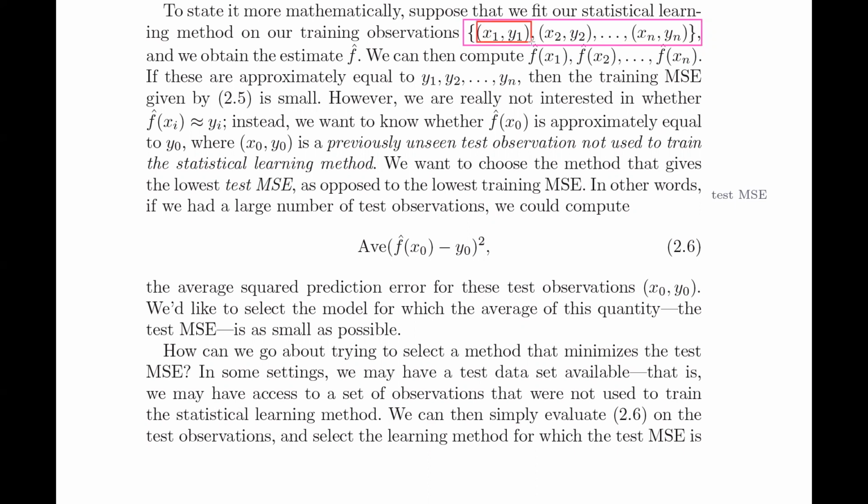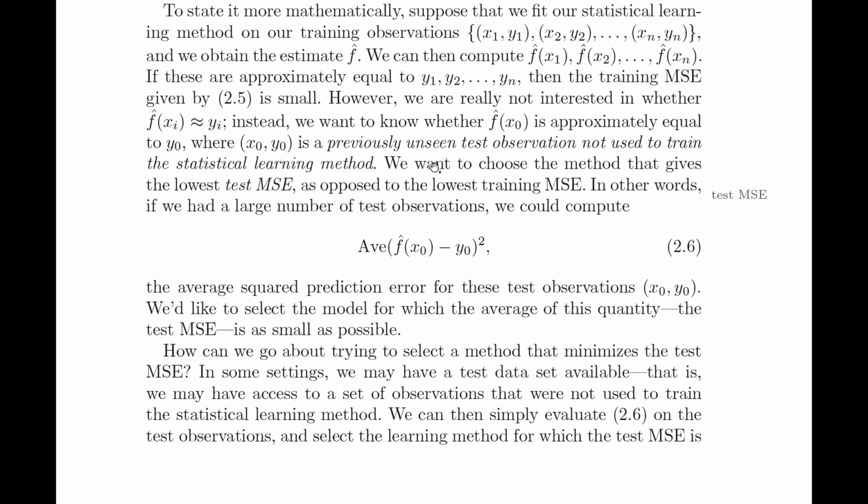And each pair over here represents one line, one record, one observation. And we obtain the estimate f hat. Okay, so now you have your f hat. Now you have your formula.